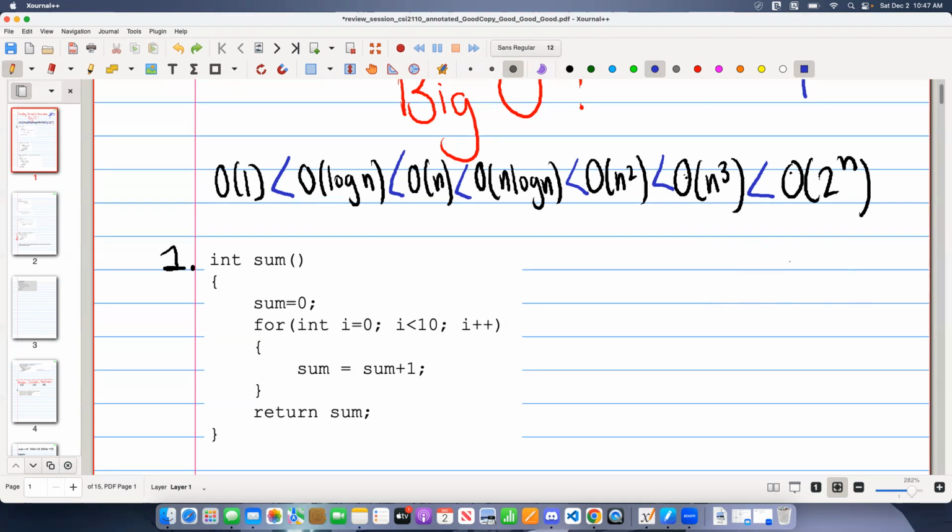So you can see it here: this is O of n, and then you have n log n. It's just going to be a bigger function. Even though it's not really accurate to say that this is its big O, you can still say that it's its big O. So he might ask you an extra question like that. Just be wary.